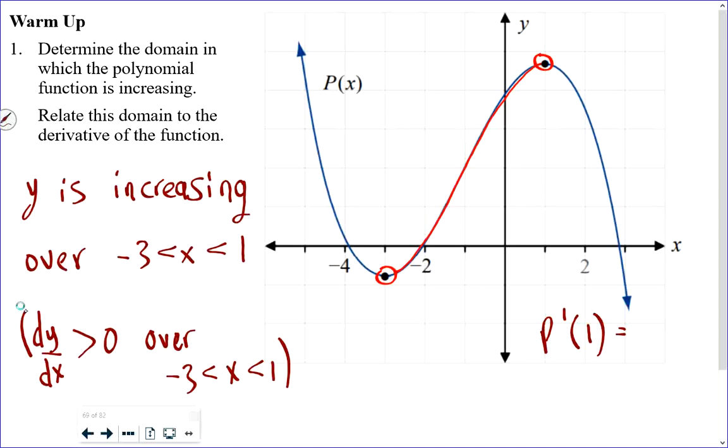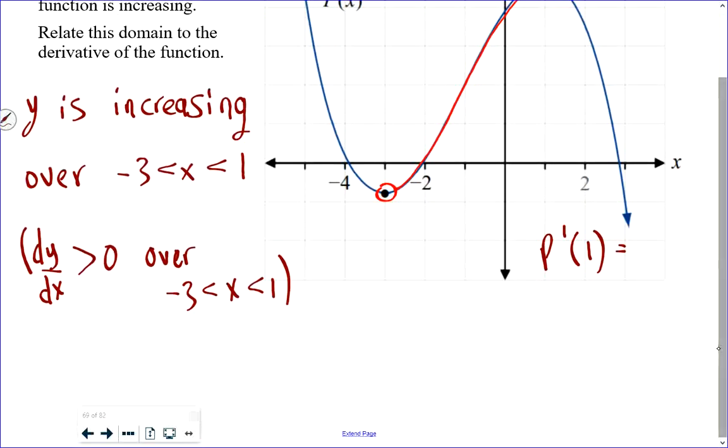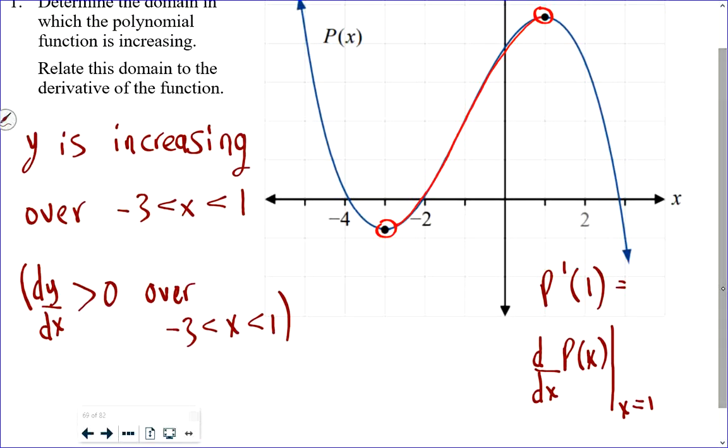What is the value of the derivative of this function at 1? And I really don't like this prime notation, so I'm going to say d dx of p of x at x equals 1. What is the value of the derivative at x equals 1? It's 0, exactly, because the slope of the tangent is 0.